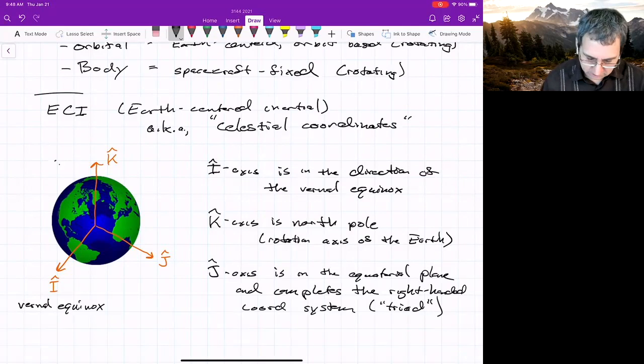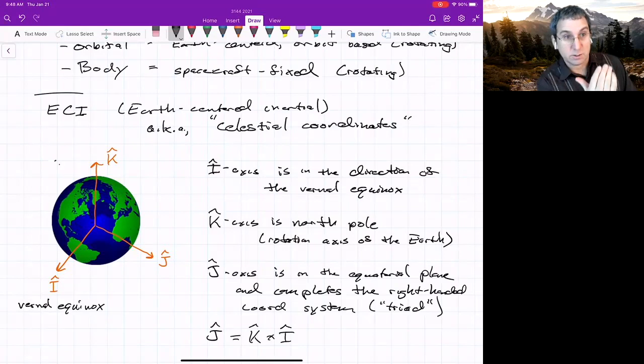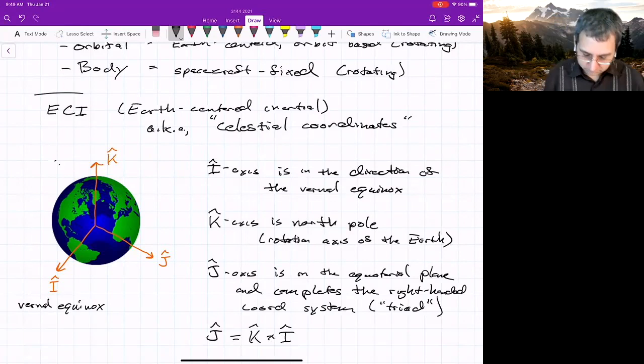So what does that mean? I cross j equals k. You could also say j equals k cross I. That's also true, right? Do the right hand rule. K cross I, and my thumb is pointing in the j direction.